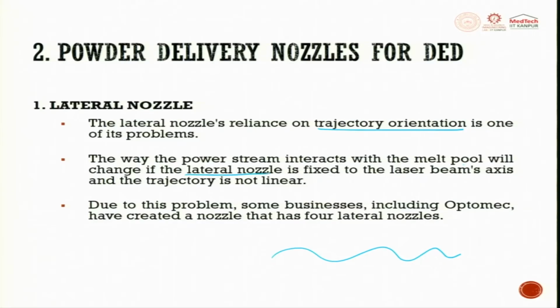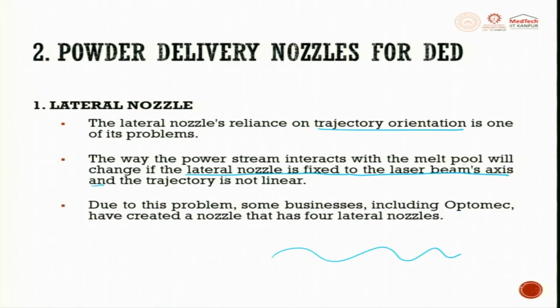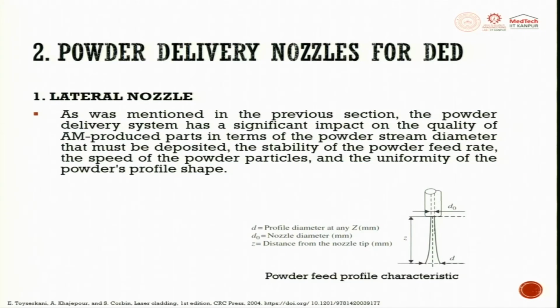So, if the nozzle is fixed to the laser beam axis and the trajectory is not linear, due to this problem, some businesses including Optomec have created a nozzle that has 4 lateral nozzles.